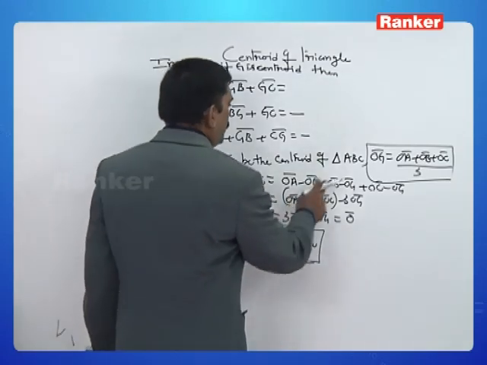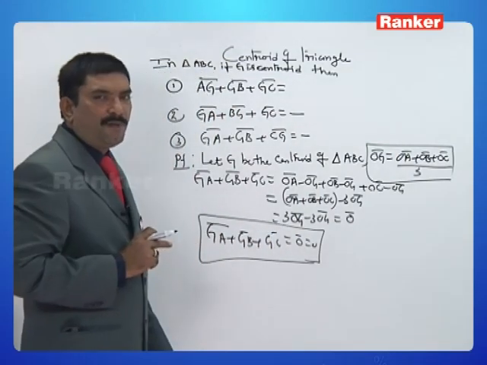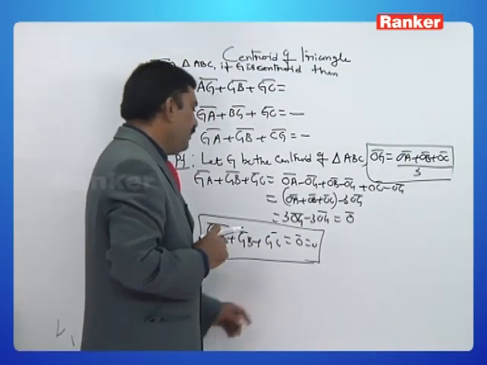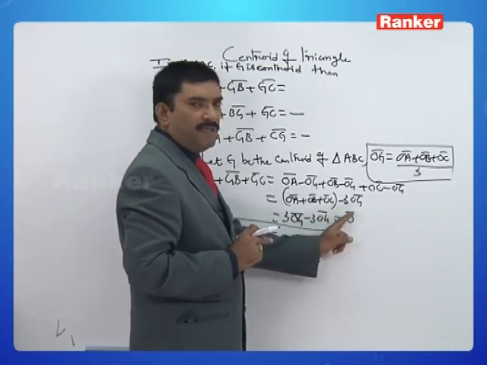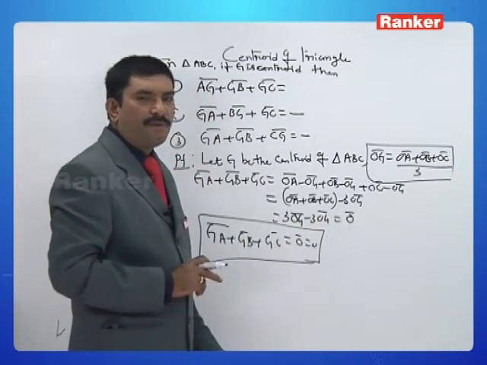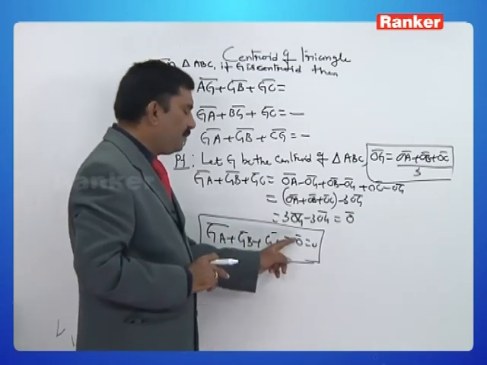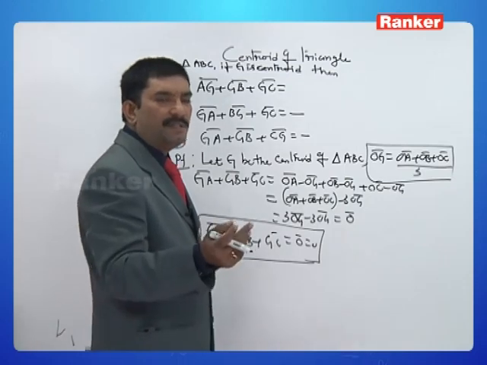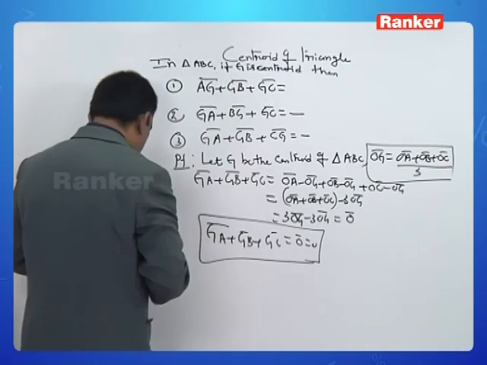But we already know 3 into OG bar is equal to OA bar plus OB bar plus OC bar. Therefore, 3 into OG bar minus 3 into OG bar is equal to 0 bar. Therefore, we have proved GA bar plus GB bar plus GC bar is equal to 0 bar.